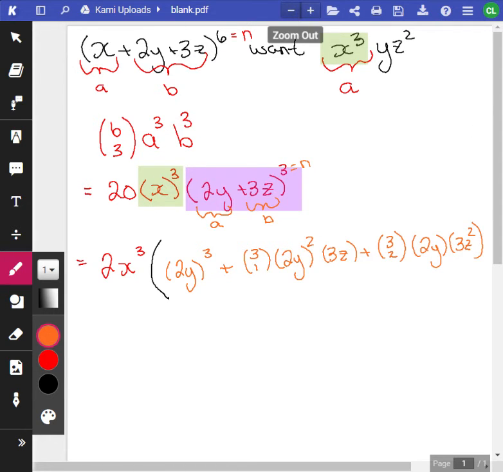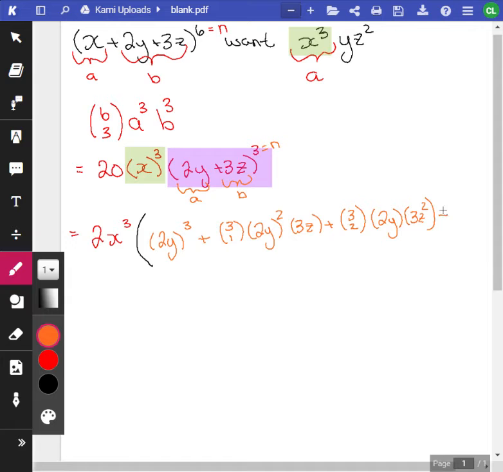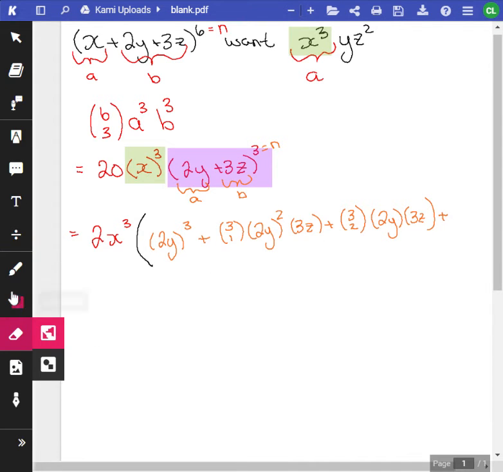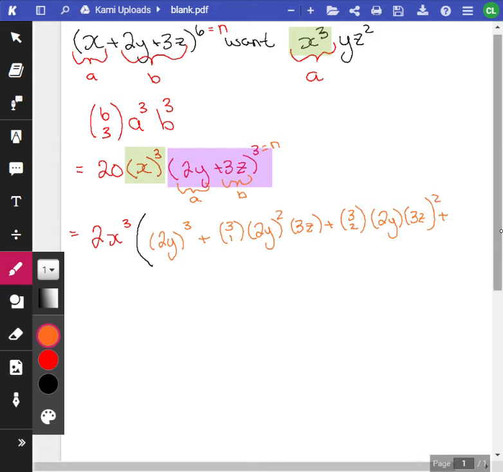Now we're going to zoom out a little bit here. Plus, this squared little guy needs to be written out here. There we go. Plus 3z cubed.